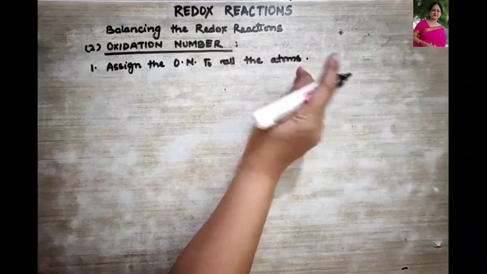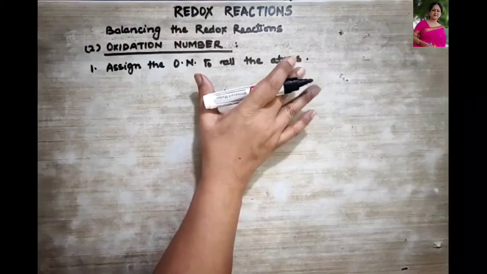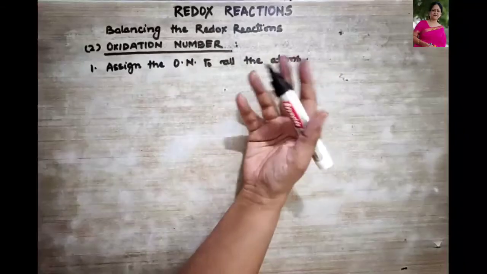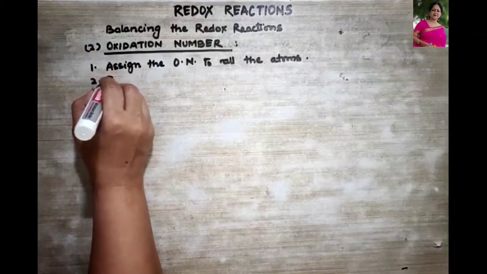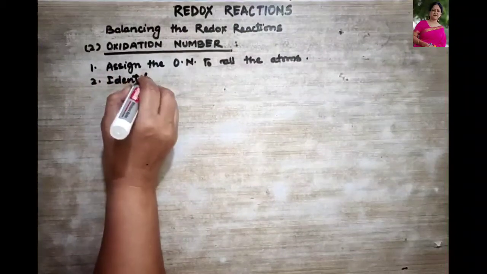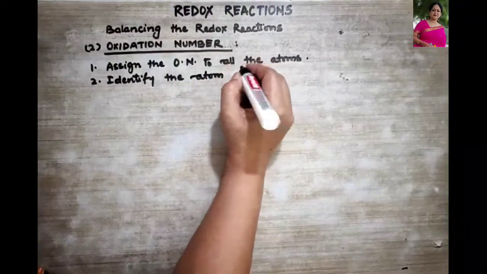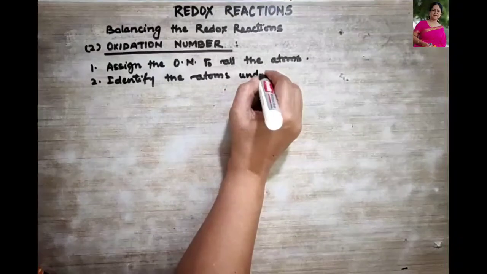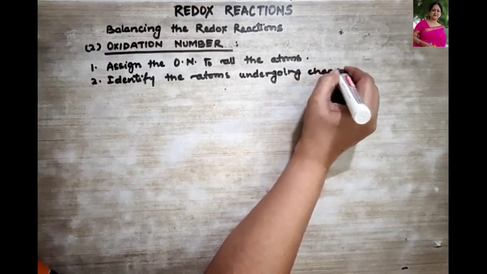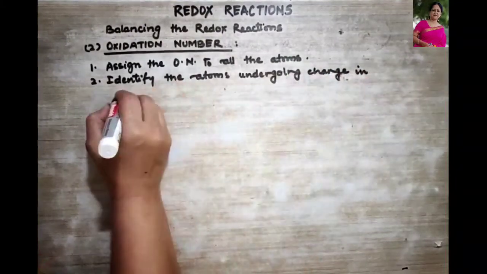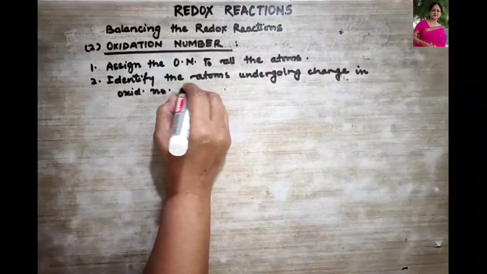After assigning the oxidation number to all the atoms, now we are going to identify the atoms which are undergoing change in the oxidation number in the reaction.